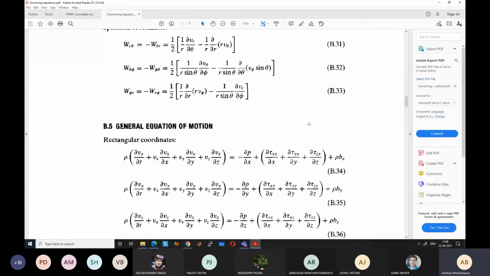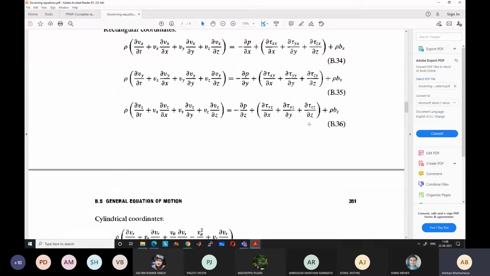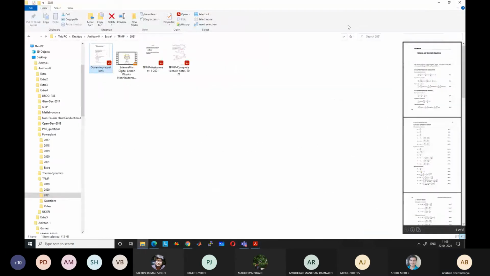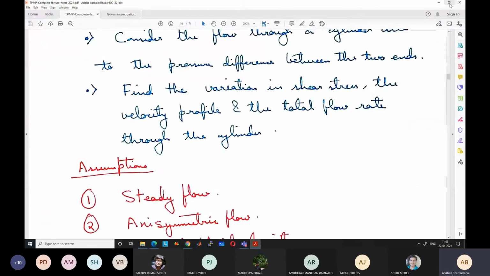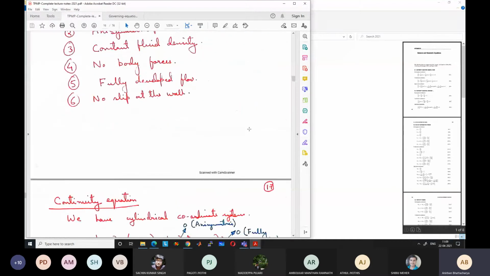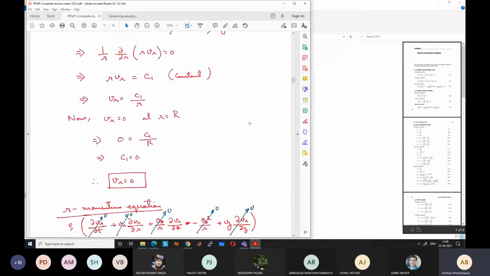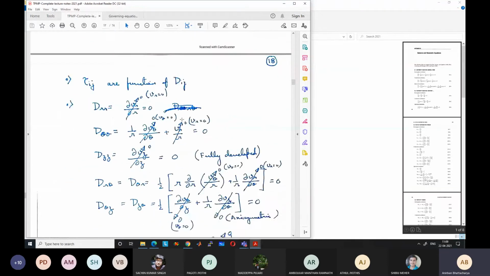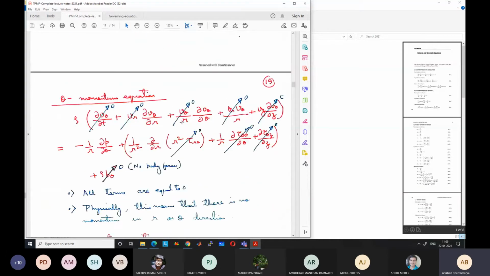We simplified all these equations and found that the r and theta momentum equations reduced to 0, and the z momentum equation resulted in only a single shear stress term.